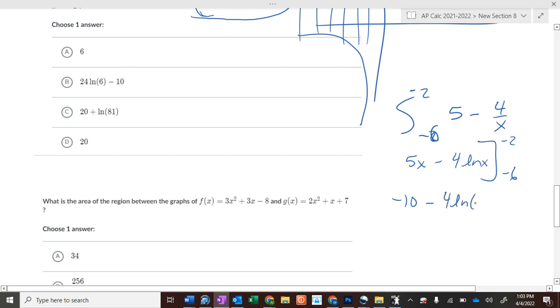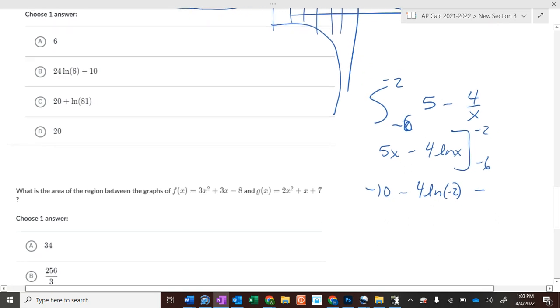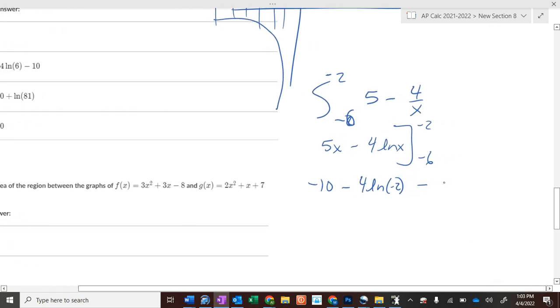So if we plug those in, we get -10 minus 4 ln of -2 minus -30 minus 4 ln of -6. So if we combine like terms, if we go -10 plus 30, we get 20, minus 4 ln of -2 plus 4 ln of -6.